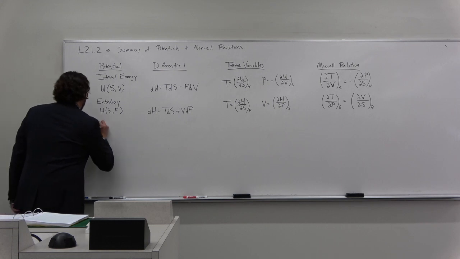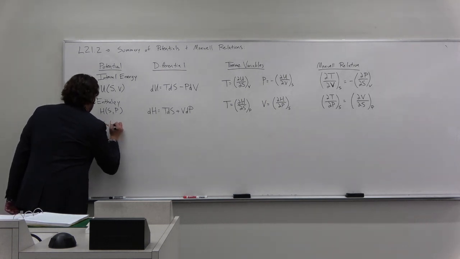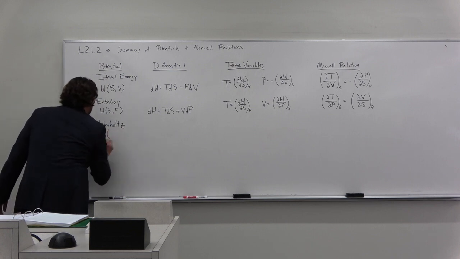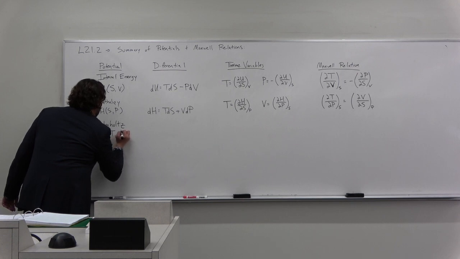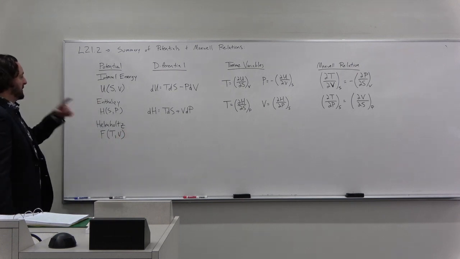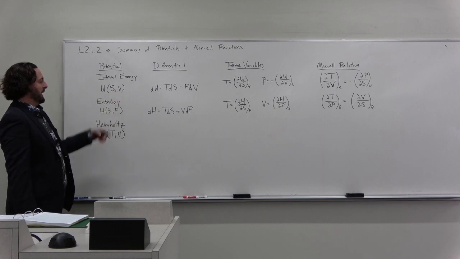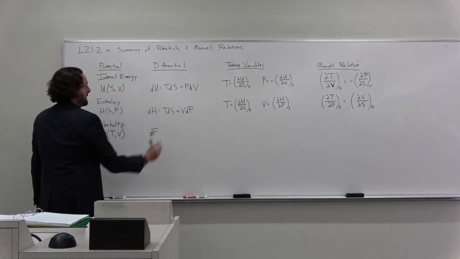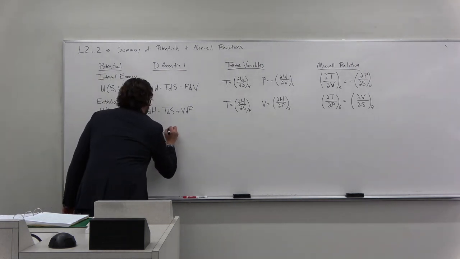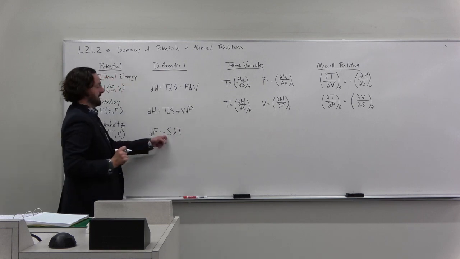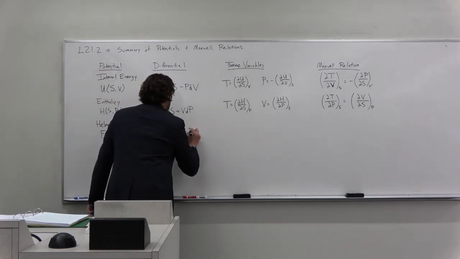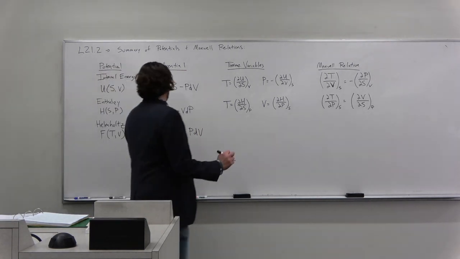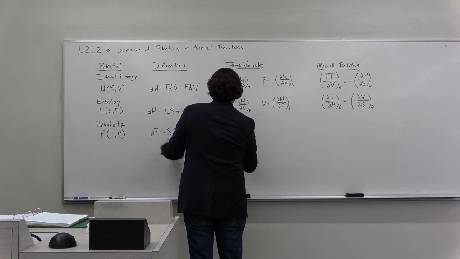Our third was our Helmholtz. This was F was T and V, right? Just switching my thermal variable instead of my mechanical one. So then dF, I'm going to switch my thermal one instead of my mechanical one, and that switches the sign. So minus S dT and minus P dV. From this, I can actually write my thermodynamic variables.